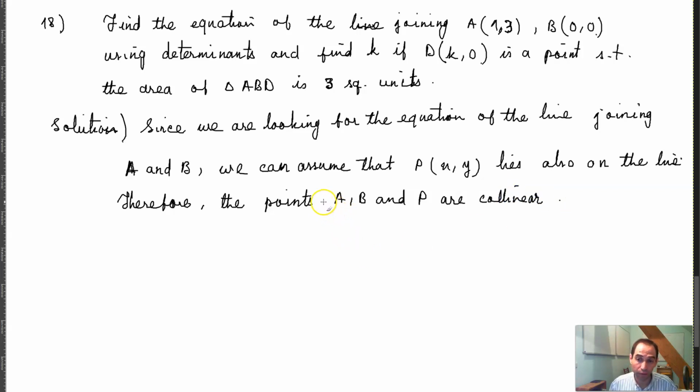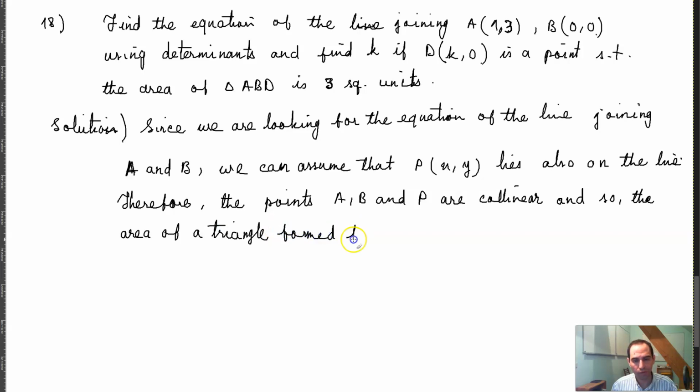Now, the area of a triangle formed from those vertices would be 0.